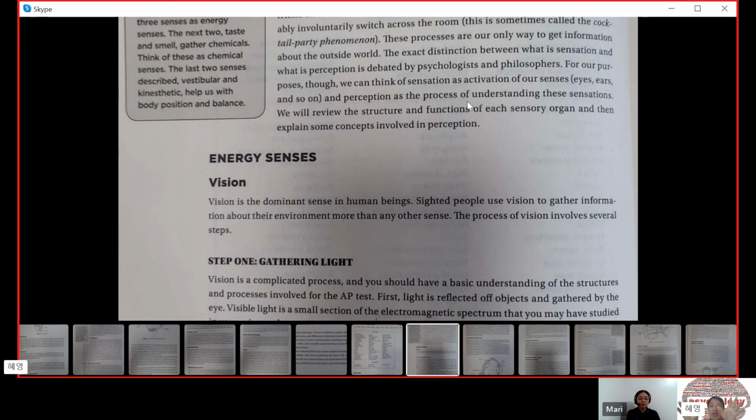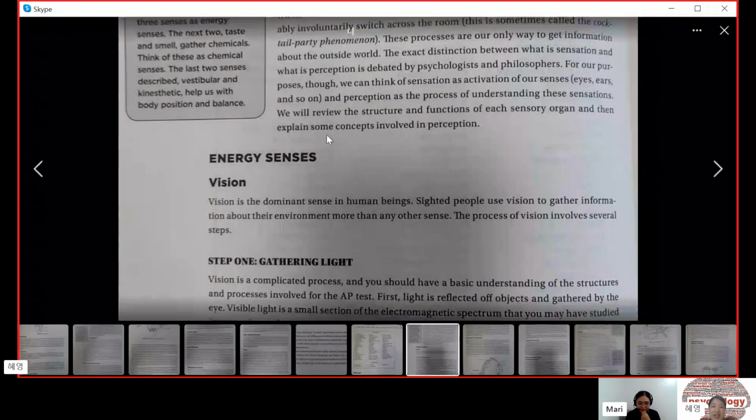This is the difference between sensation and perception. So we'll review the structure and function of each sensory organ and then explain some concepts involved in perception.